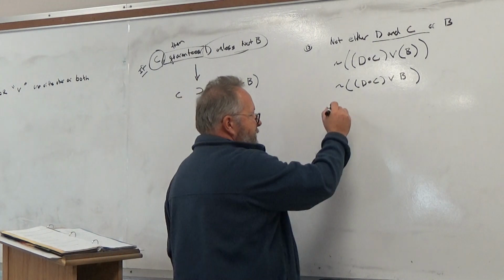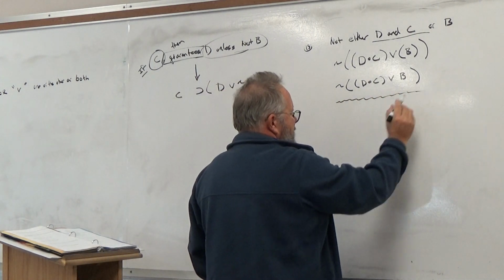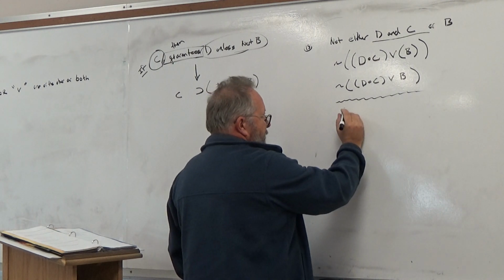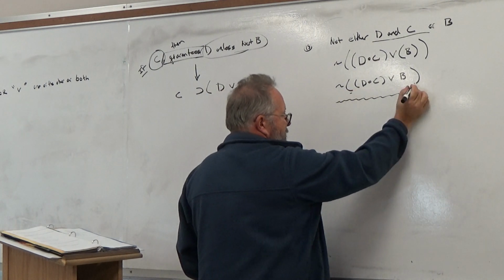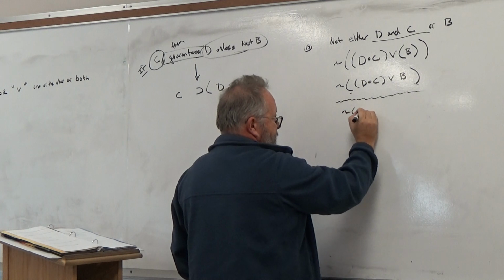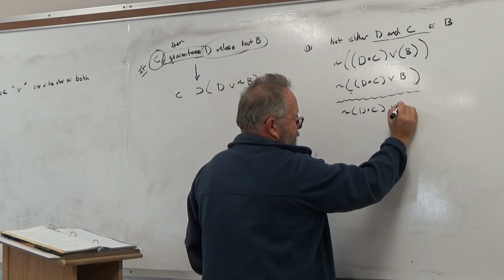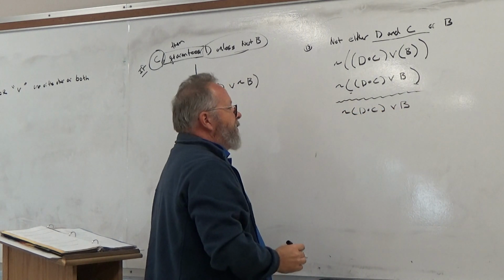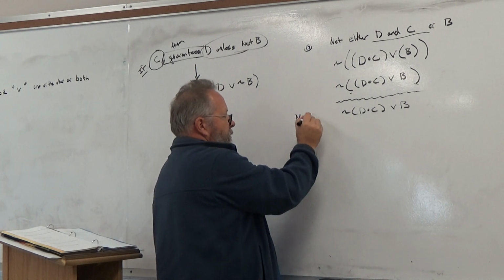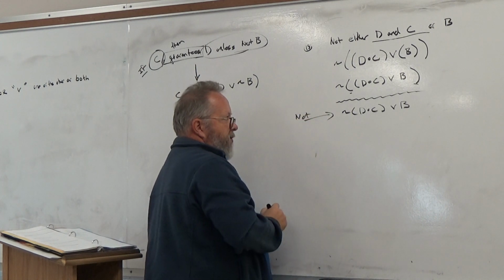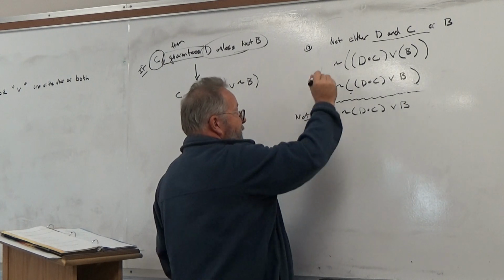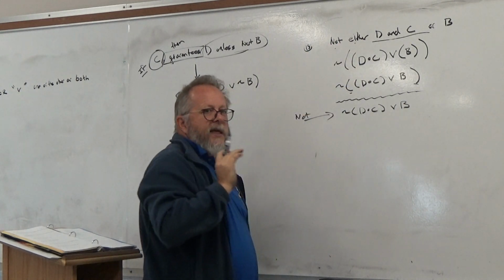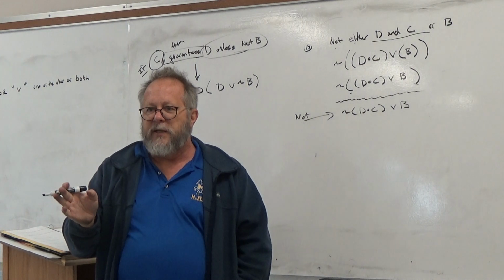Now, sometimes people are tempted to go one step further, and this is a step too far, and they want to get rid of these, and they want to say this. Okay. This is no, but don't do that. Why? Think about what this is saying. Not either. It's negating an or. Does everybody understand that?